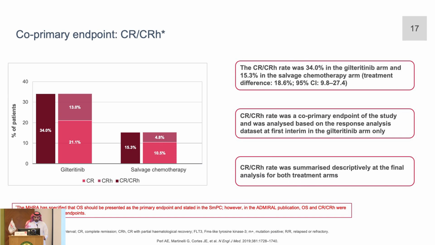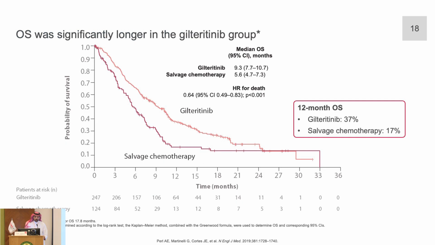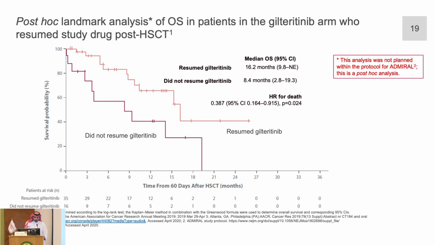The co-primary endpoint was CR/CRh, and it was met, with gilteritinib showing 34% CR/CRh versus 15% for salvage therapy, and the CR rate was 21.1% in the gilteritinib arm versus 10% in the salvage arm. The overall survival endpoint was also met, with gilteritinib at 9.3 months versus 5.6 months for salvage chemotherapy.